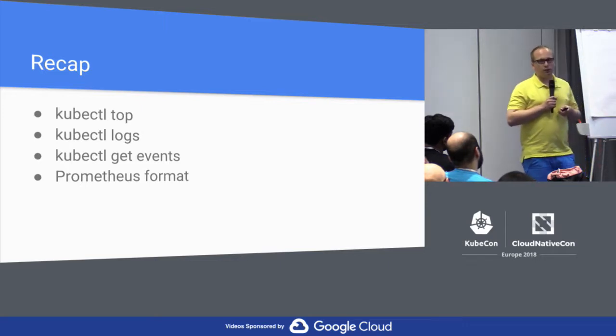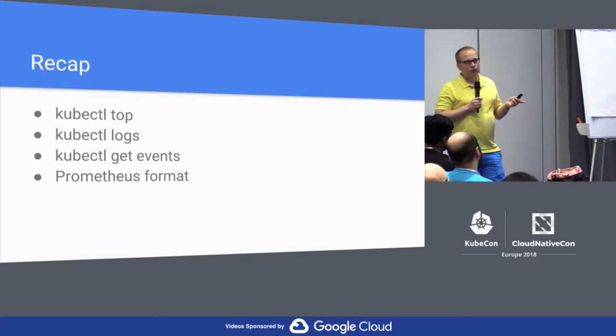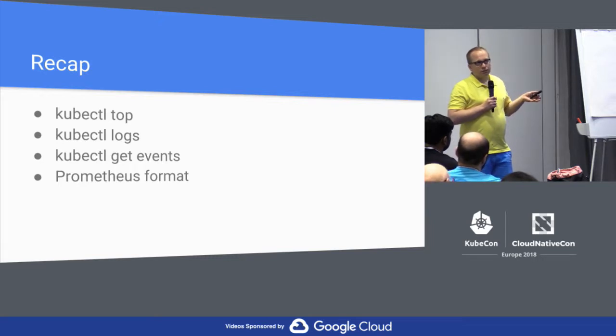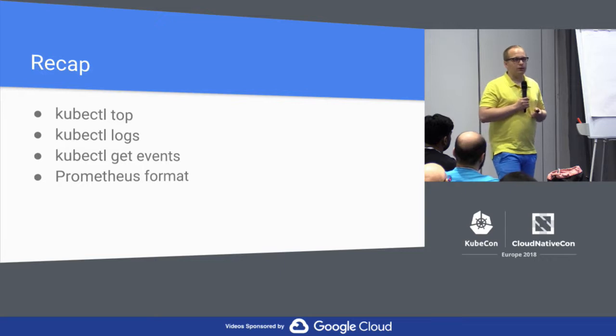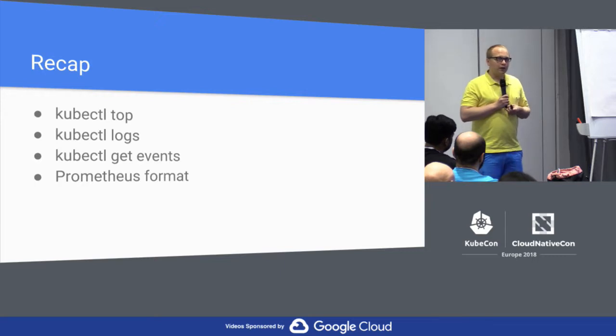All Kubernetes system components expose metrics in this format as well, so you can easily integrate with other providers. I know that at least a few other monitoring solutions can scrape metrics in Prometheus format. There is also work around defining a standard monitoring format. What's the name?